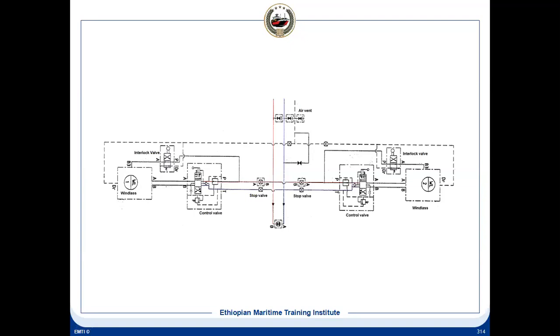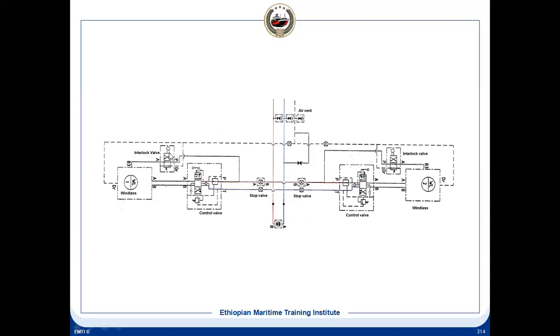Once you operate the clutch manually, the clutch handle will be pressing this interlock valve, and this position will change. Once this position is changed, then this will go and release the brake.